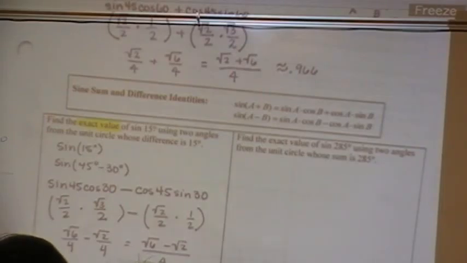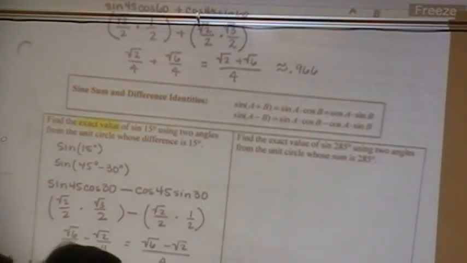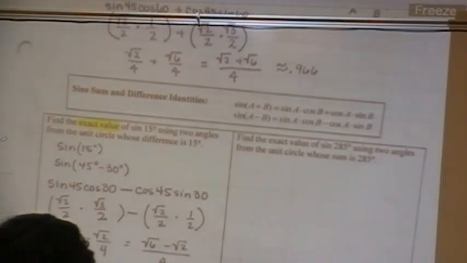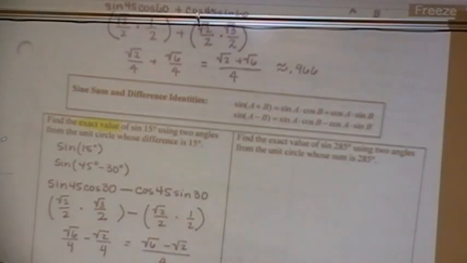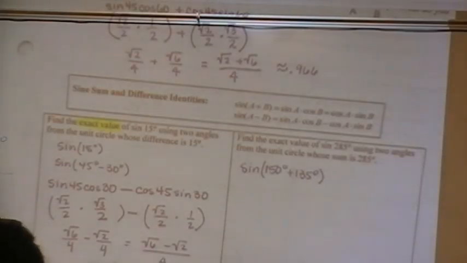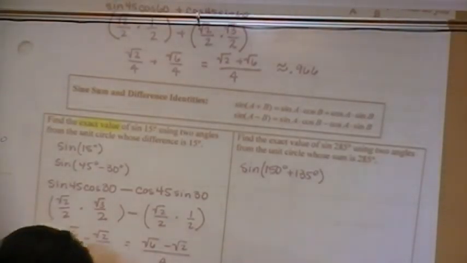You have to put negative because it's in quadrant 2. By the way, it doesn't matter which one you put first. If you and your neighbor might put, like I put 150 first, but you might put 135 first. It doesn't matter because this is addition, and addition can be done in any order.